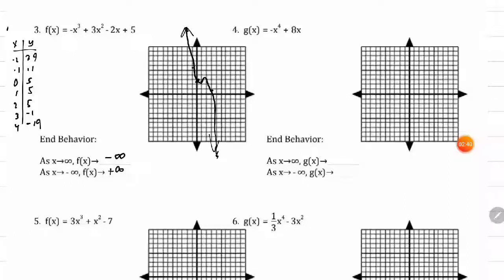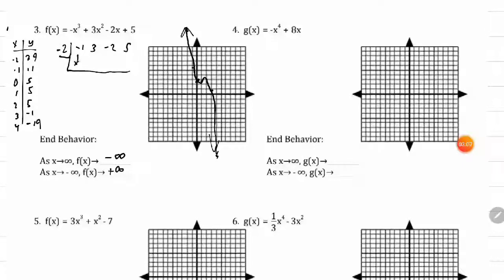All right, let's show off that synthetic substitution again. This time I'm using -2 once more. So the leading coefficient in front of my x cubed is -1, and then x squared is 3, -2 for x, and then 5 for no x.